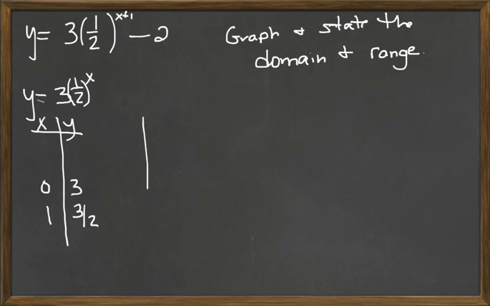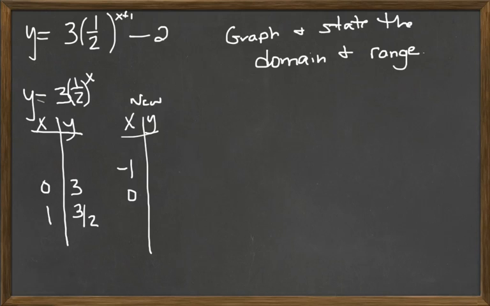If I were to make a new xy chart, call this the new one, I want to graph this. Basically, I want to shift them left 1 and down 2. Let's look at the x coordinates for a minute. From the x's, we're all going to subtract 1 from them. So that's going to give me negative 1 and then of course 0.